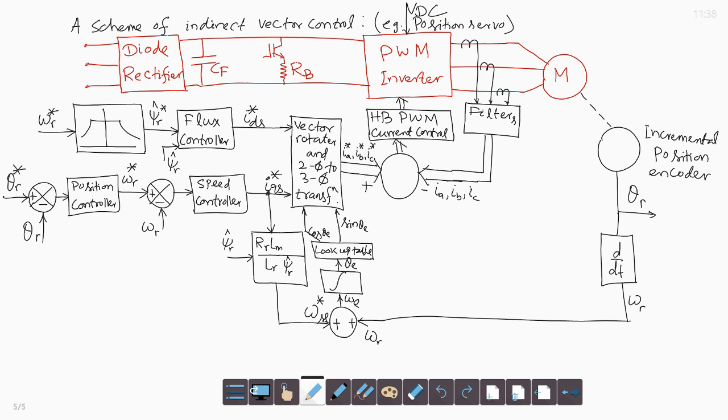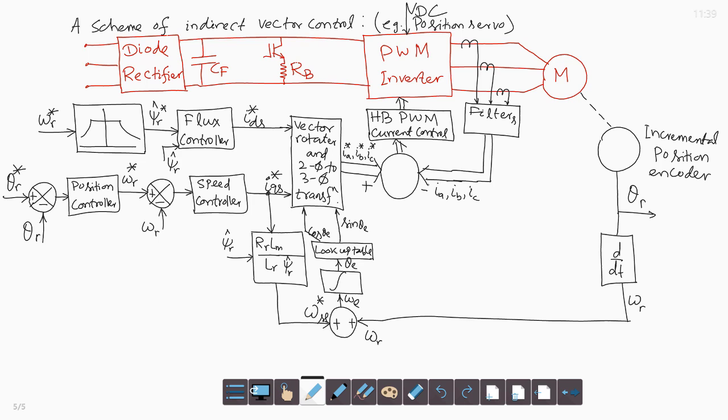In the power circuit, a filter capacitor is used to filter the diode rectifier ripples, and a braking resistance is used. In normal operation the PWM inverter supplies the induction motor the rated voltage at rated frequency, and controls the phase of the current also, so that vector control is obtained.